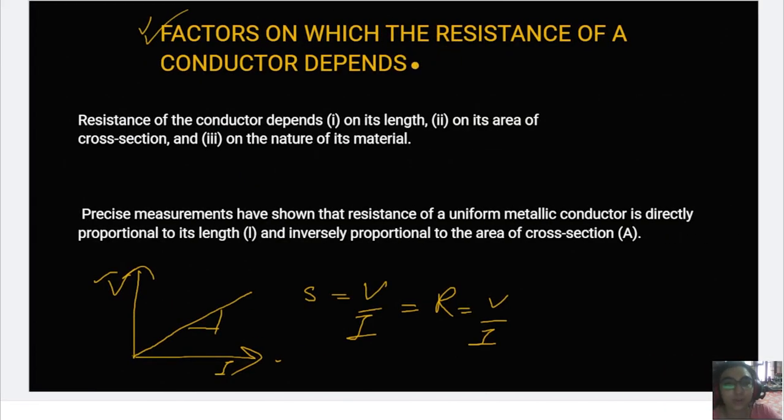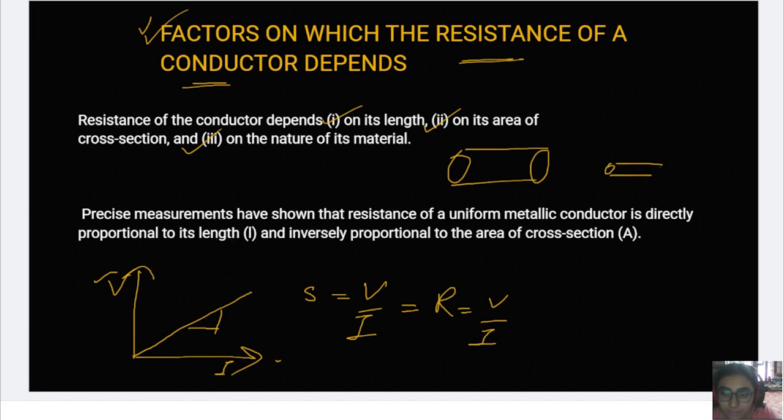Now when we talk about the factors on which resistance of a conductor depends, it will be easier for you to understand, because it depends on its length, on its area of cross section, and the nature. Okay, so tell me something. If this is a wire and this is another wire, both have the same length. Even if it is not looking so in the picture, let's assume both have the same length.